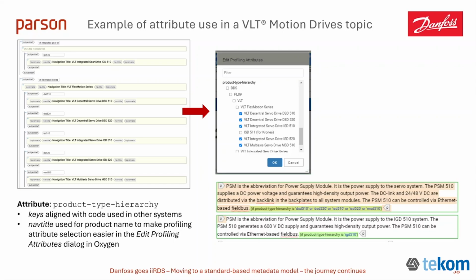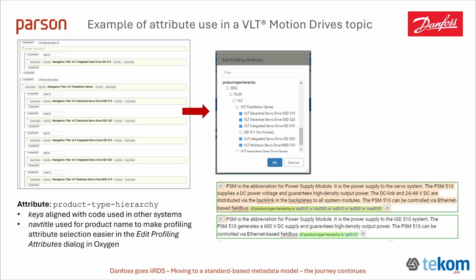So here you can see one example how it's used, right? You've seen this one already. This is a snippet from the CCMS, and you can see how the conditional profiling is introduced.